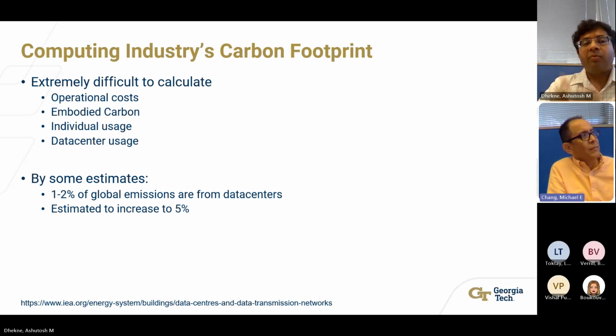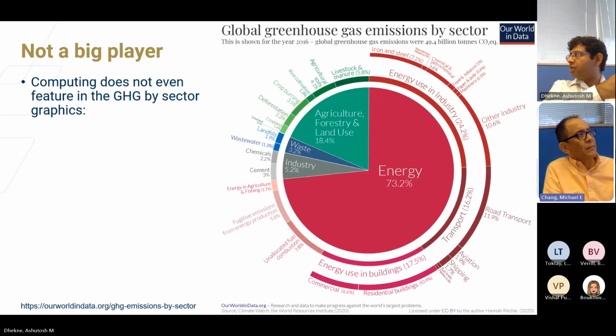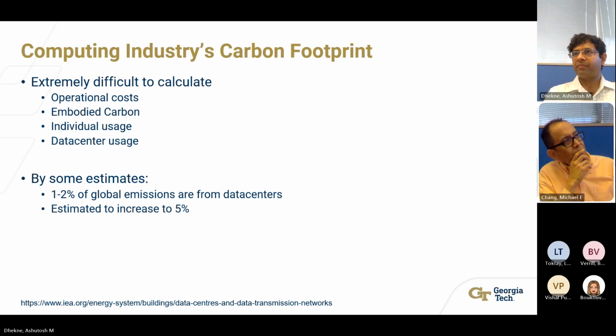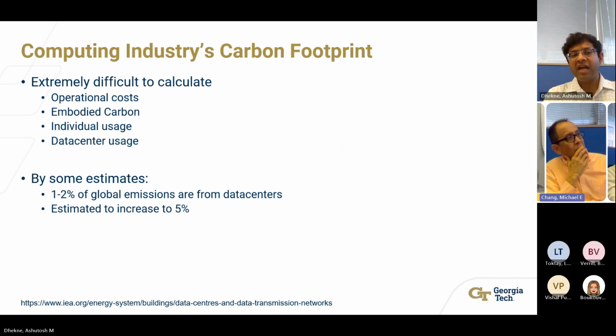But from a computing perspective, there are operational costs, there are embodied carbon costs, there are individual usages like our computers, and there are usages that are happening at the data centers which we don't actually see. Therefore, by some estimates, computing just at the data center is somewhere between 1 to 2% of global emissions, almost equivalent to the airline industry today, which is 2.4%, and these estimates have been fluctuating.